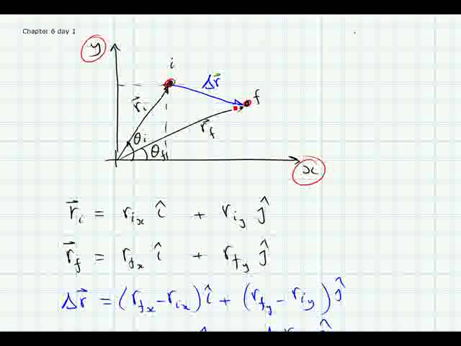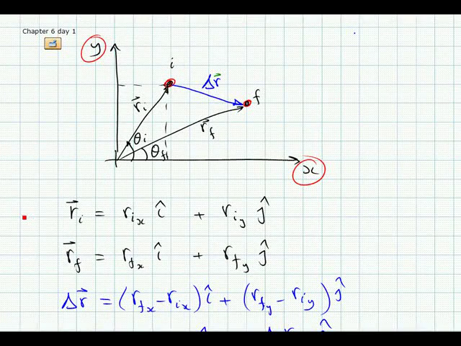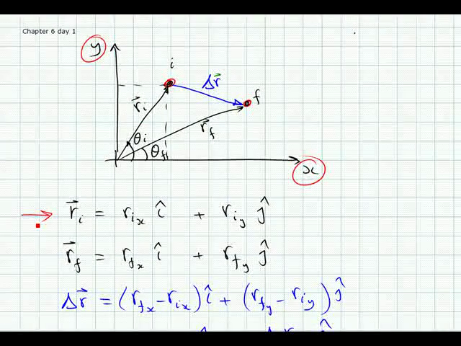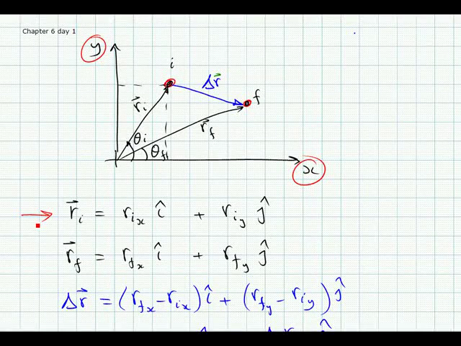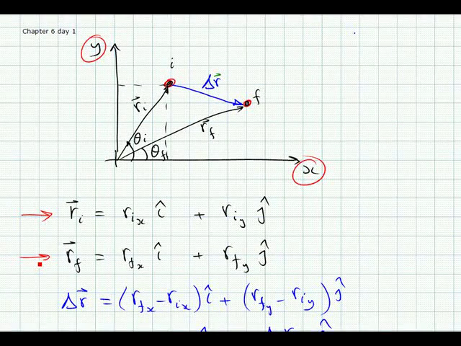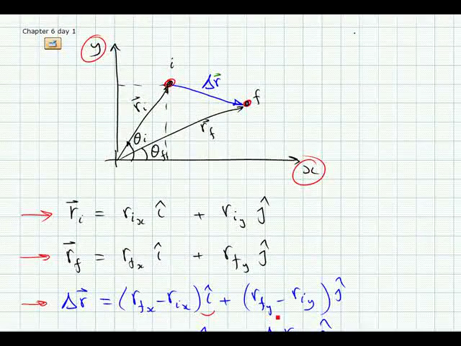Initial position vector Ri we can write using the i, j unit vector notation as Rix i plus Riy j. Similarly, we can write the final position vector Rf, and as you can see, the displacement vector delta R then becomes Rfx minus Rix in the x direction, and Rfy minus Riy in the y direction.